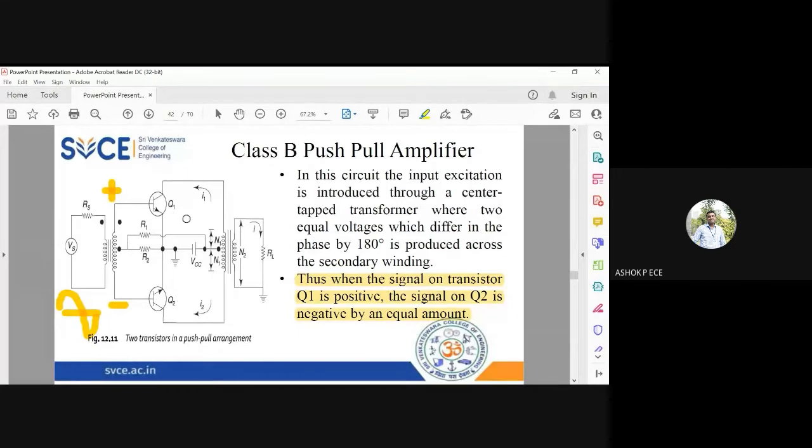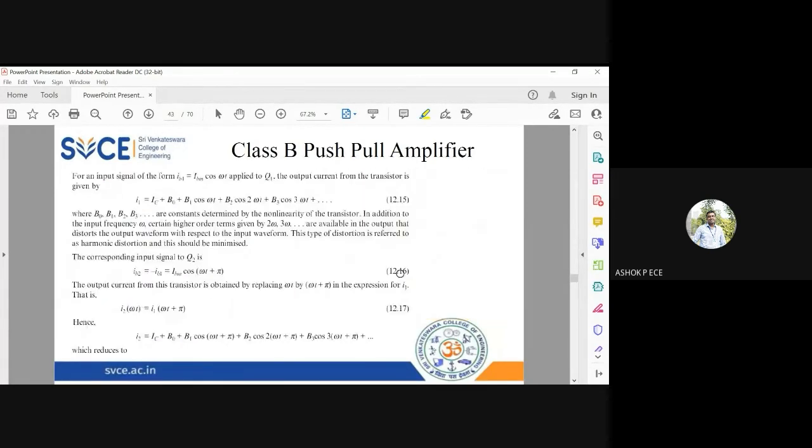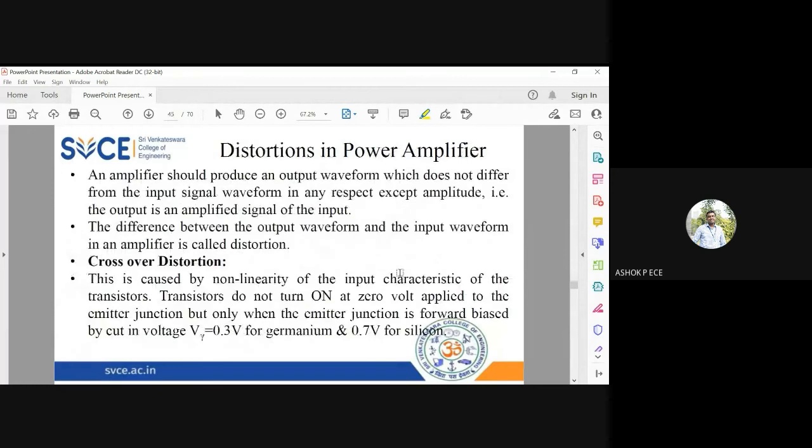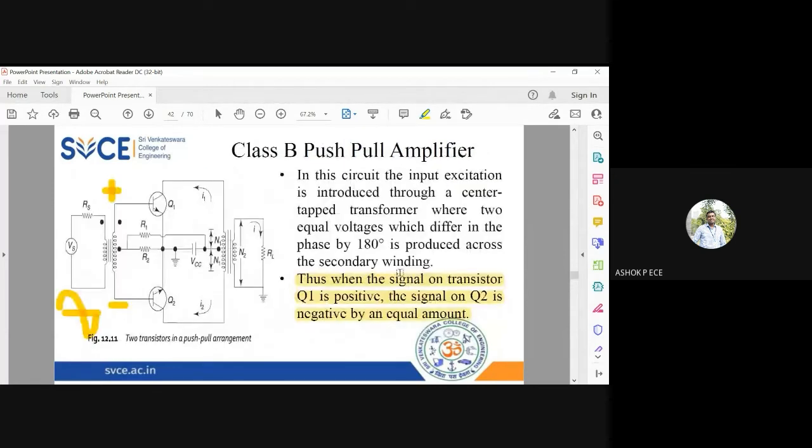So naturally, which transistor will be on in this case, Q1 or Q2? I have drawn the polarity also.